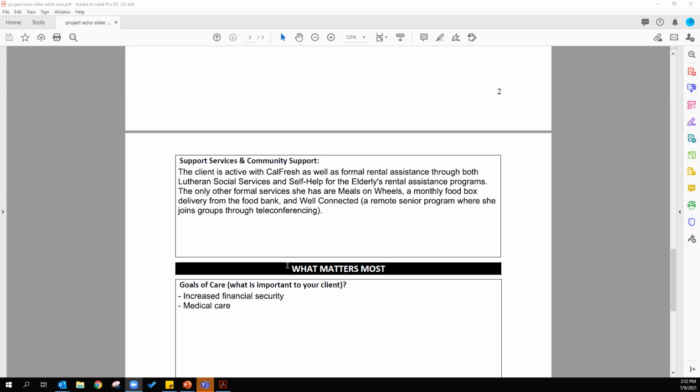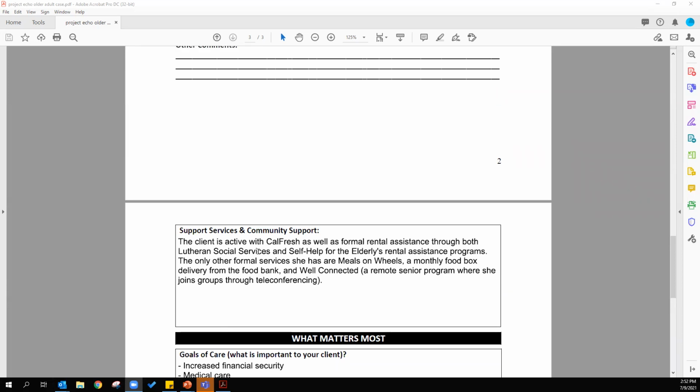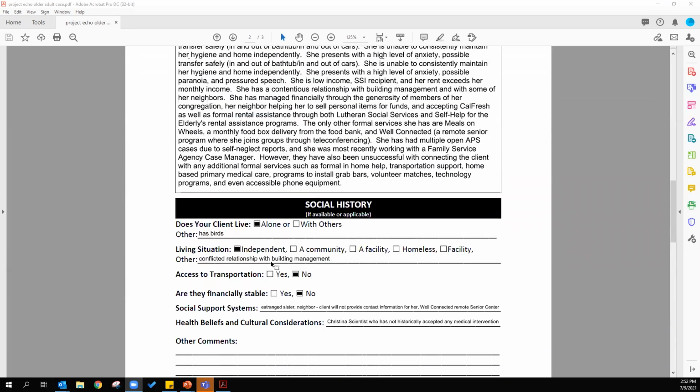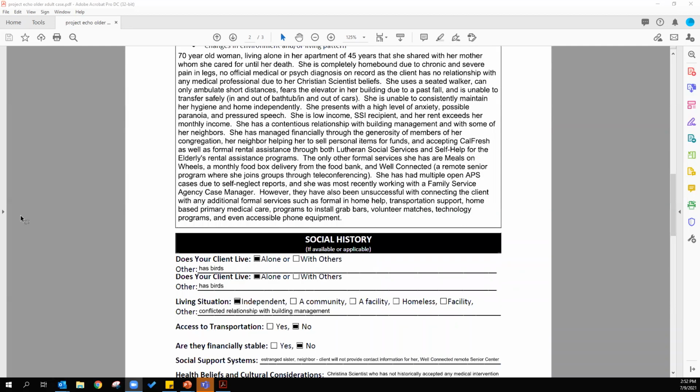So I just wanted to see in this situation if anybody had any ideas about how to engage this client with formal services, which she's saying she wants, but then self-sabotages. So it's been very challenging.